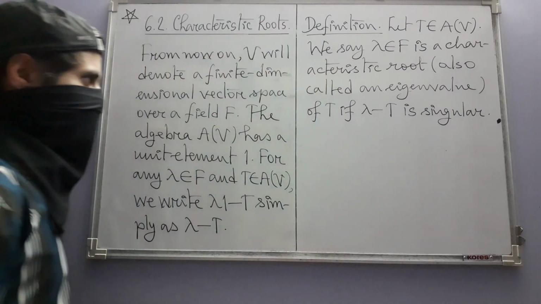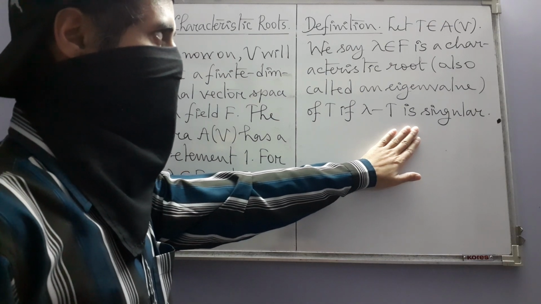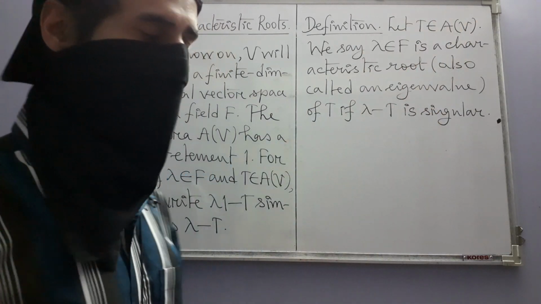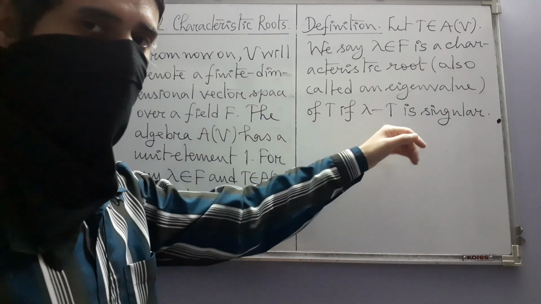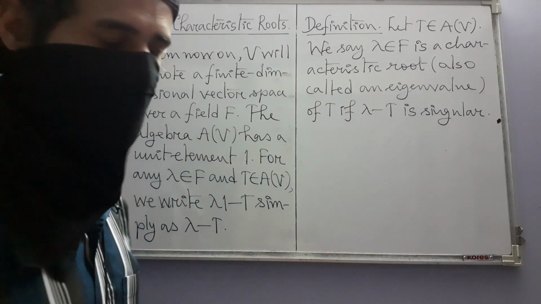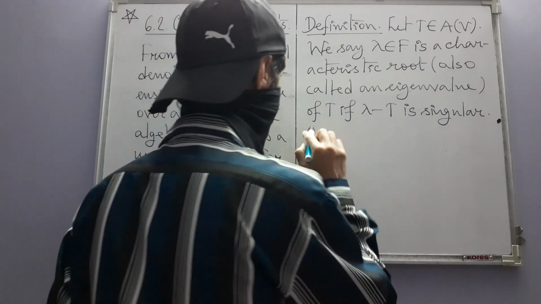Alright, so let us now see what this has to do with vectors in V. Somehow can we link lambda being a characteristic root of T to the vectors in our space? So there we have this theorem.